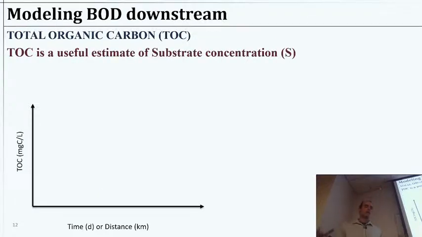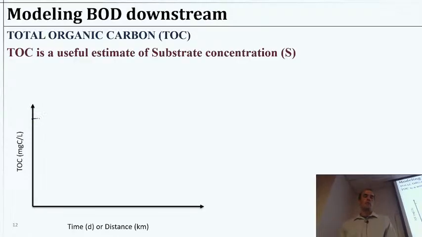Another way we can describe BOD, by the way, is TOC. You'll see this in the environmental field a fair bit. TOC is just a term that describes total organic carbon. This should track pretty well as an estimate. We measure it in a similar way to COD, the chemical oxygen demand.